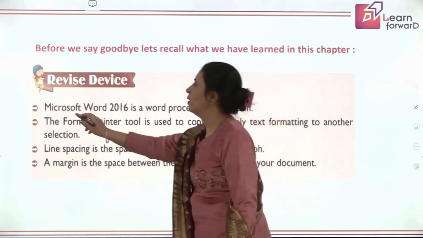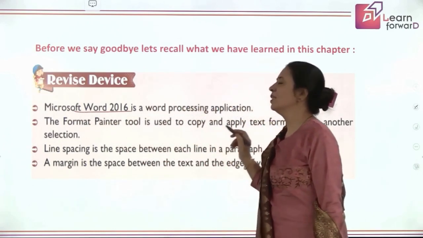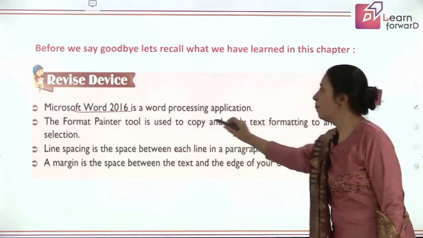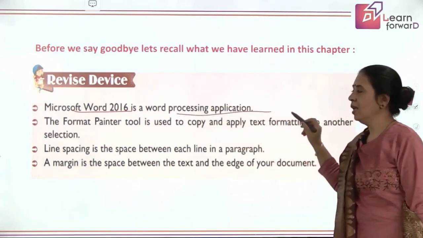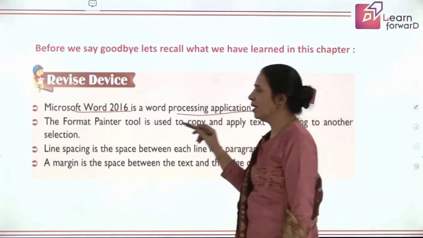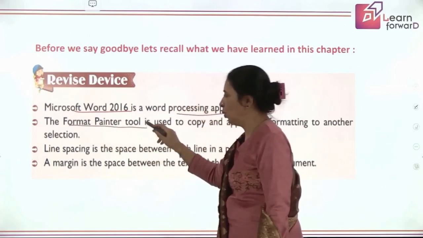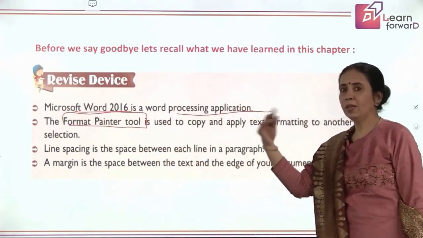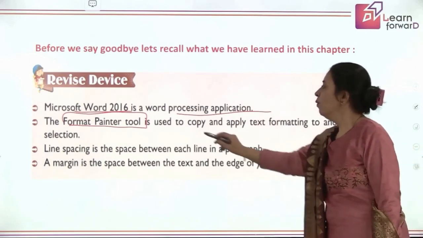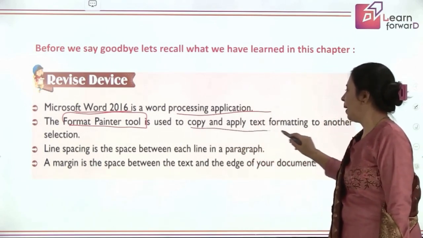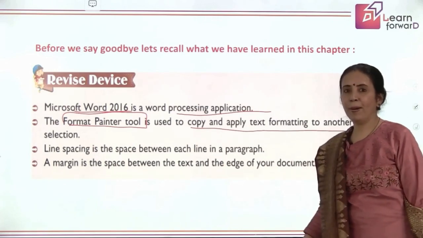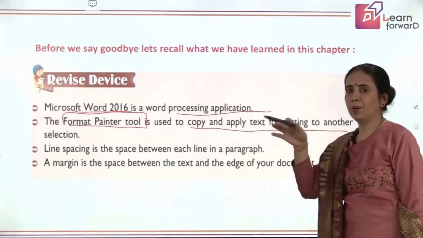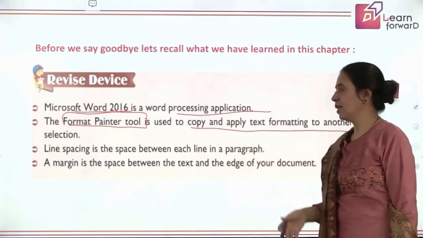First thing we have learned is MS Word 2016 is a word processing application, and there exists a format painter tool. You remember we learned about this format painter tool in the previous video, where we used to copy and apply the text formatting of the particular format in the another selection.